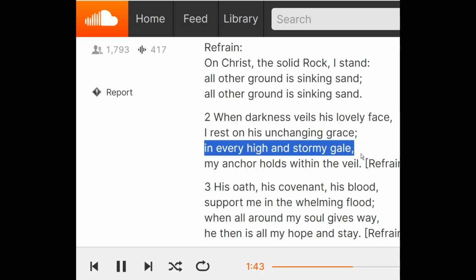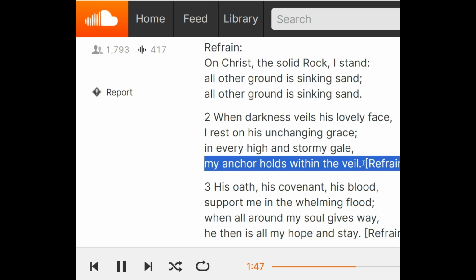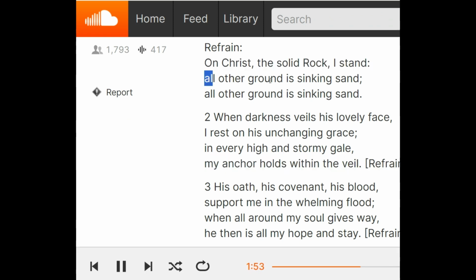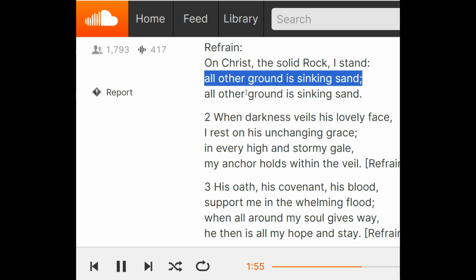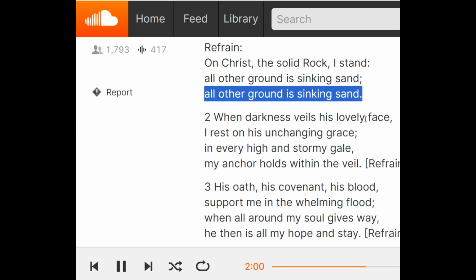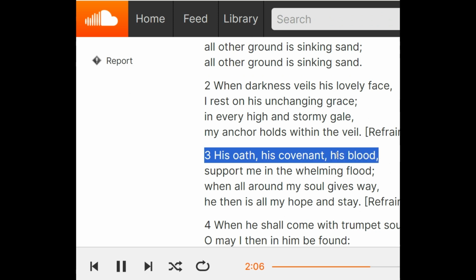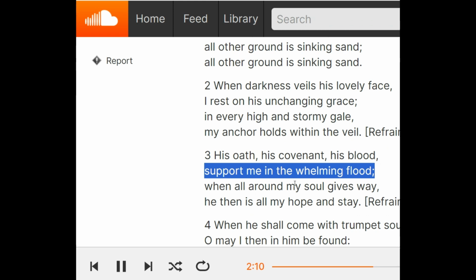In every high and stormy gale, my anchor holds within the veil. His oath, his covenant, his blood, support me in the whelming flood.